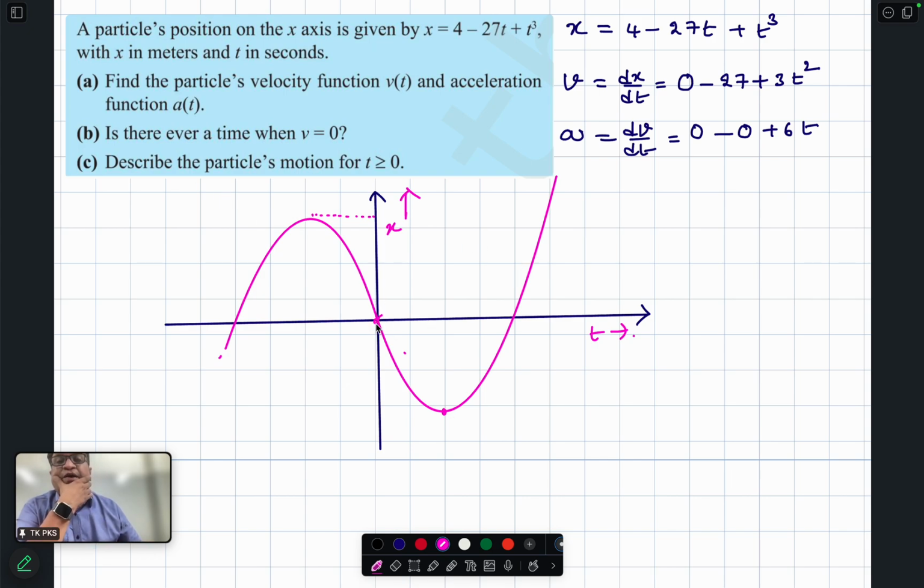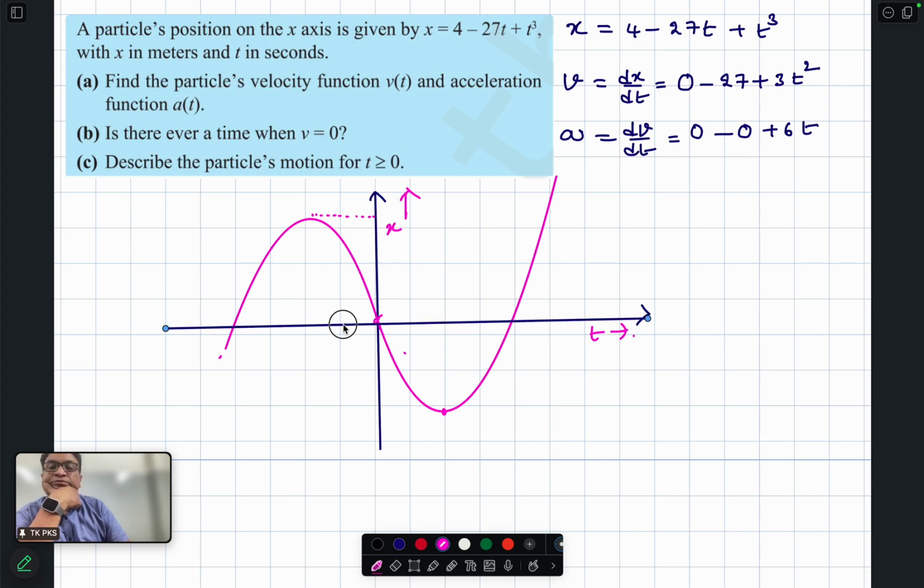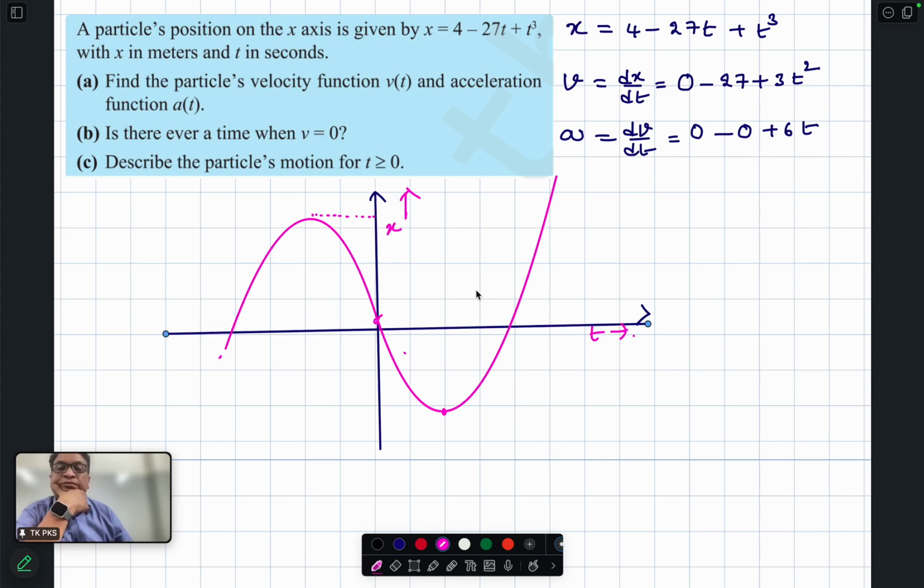It starts from origin, put t is equal to 0. What is it that you are getting? T is equal to 0, around x is equal to 4 you will get. This is x is equal to 4.